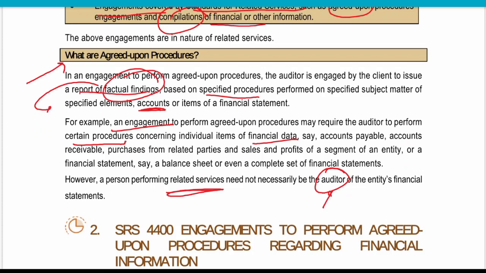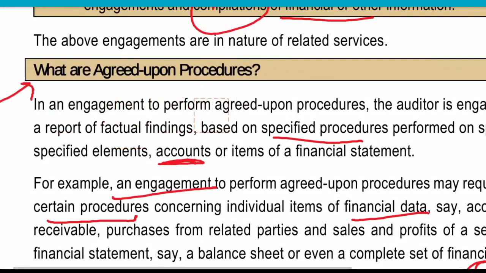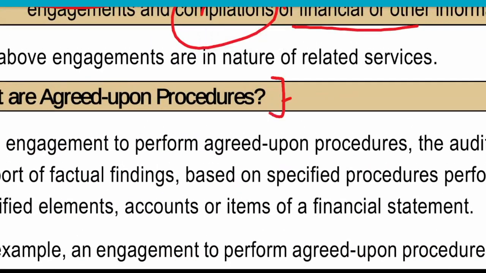In simple terms, what do you mean by agreed upon procedures? In agreed upon procedures, the client engages the practitioner to perform certain procedures and give a report.